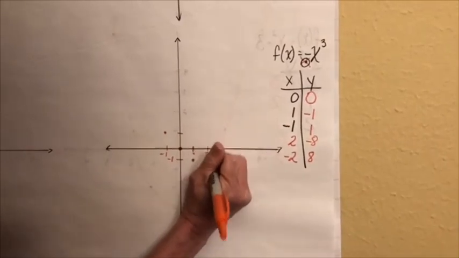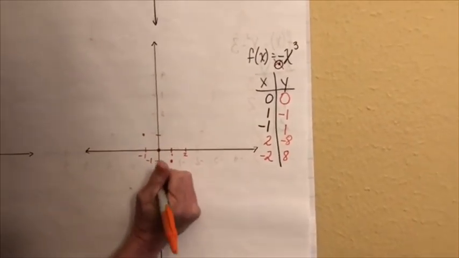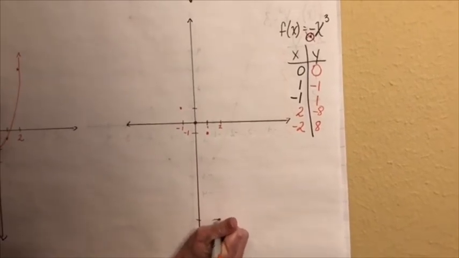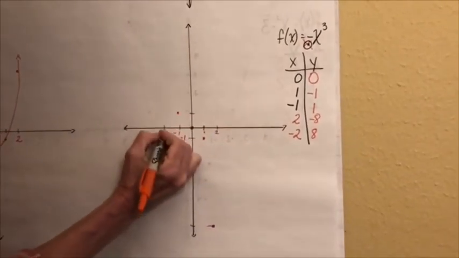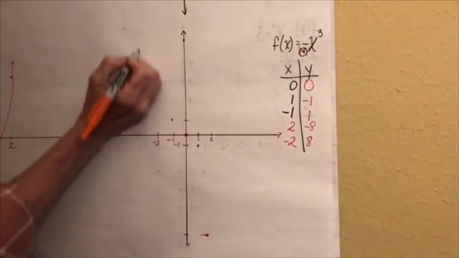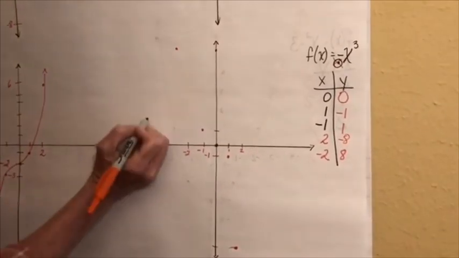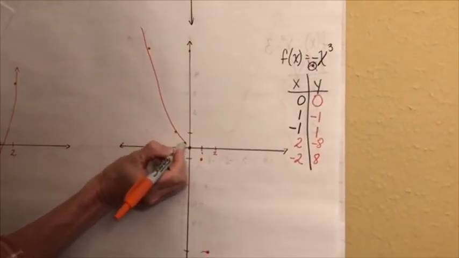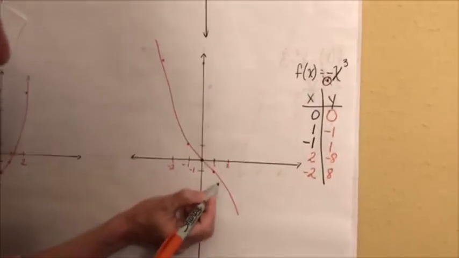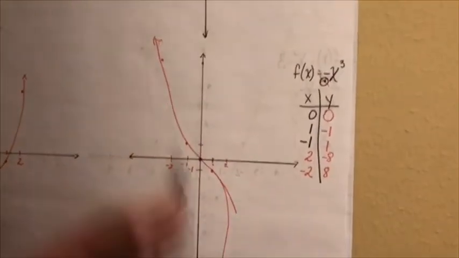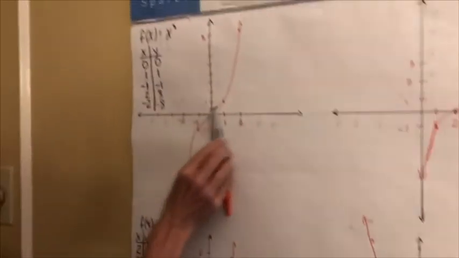So here's +2, -8. We're just going to say it's way down here. And when it's -2, +8, which is way up there. Okay. So you can see that this shape is going to be the opposite of that shape.